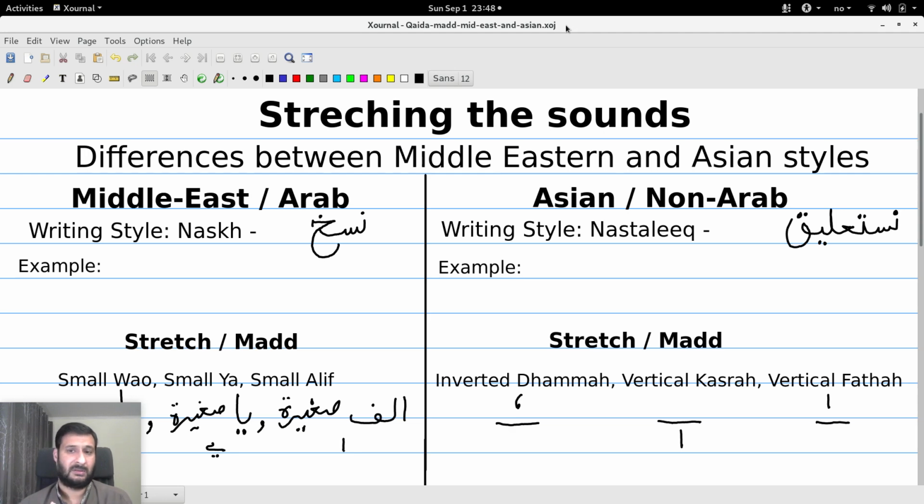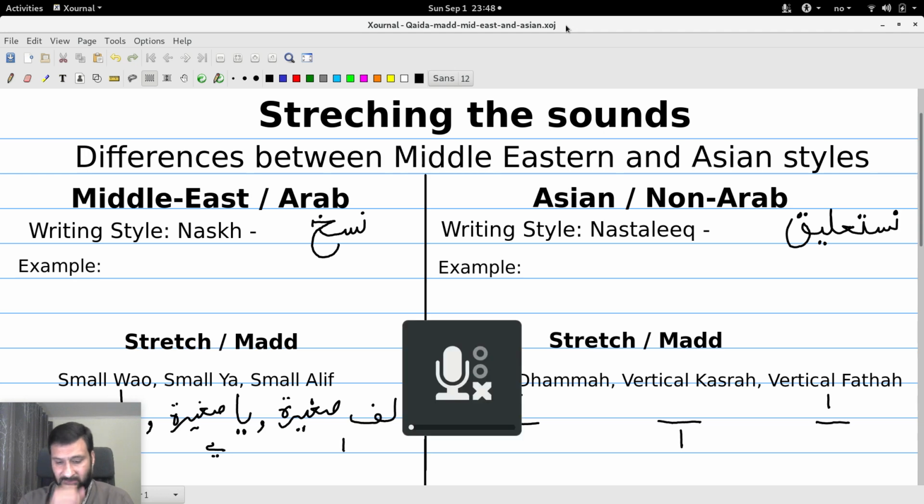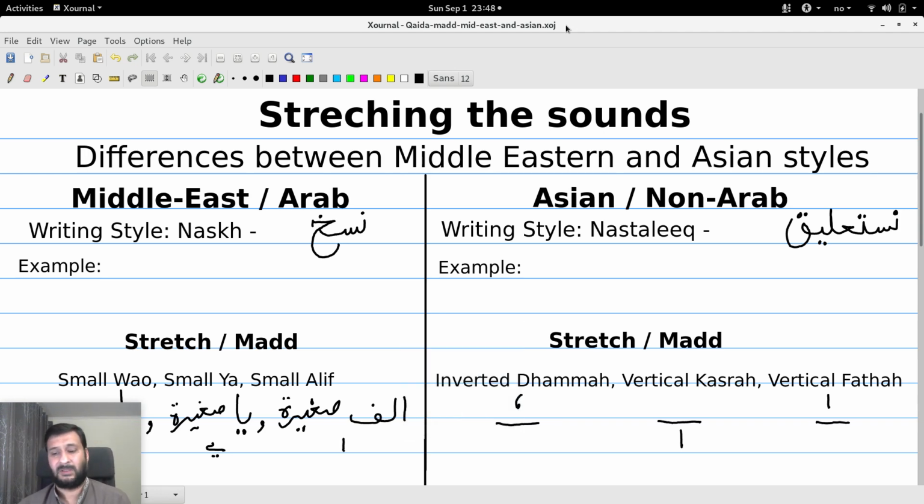The other way of writing is what I find in Asian countries like Pakistan, India, Afghanistan, and perhaps Bangladesh also. And that is a different way. The alphabet is the same, but there is a subtle difference.